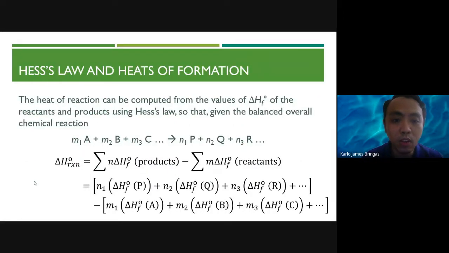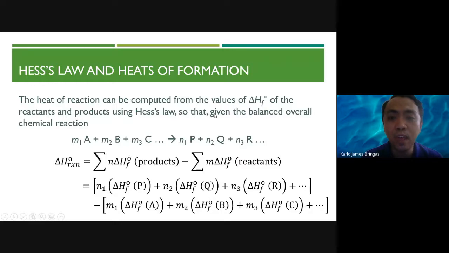So you have in here a very scary looking equation right over here. But don't worry, this is actually a very simple thing to use in practice. What it basically says is, another way that we can use Hess's law is that the heat of reaction can be computed from the values of the delta H formation of the reactants and the products.